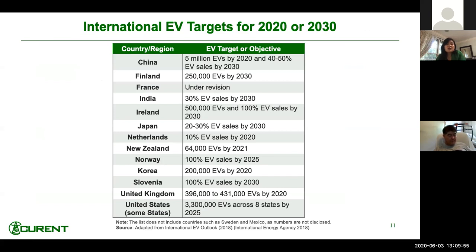So electric vehicles have been taking off since 2000 or earlier. And China now is one of the biggest markets in electric vehicle adoption. You can see this information is a little bit old, but still pretty relevant. And Nordic countries have a lot of electric vehicle adoption right now.